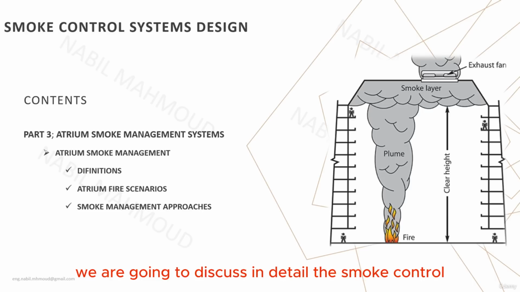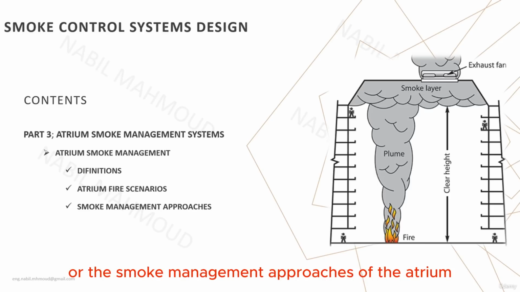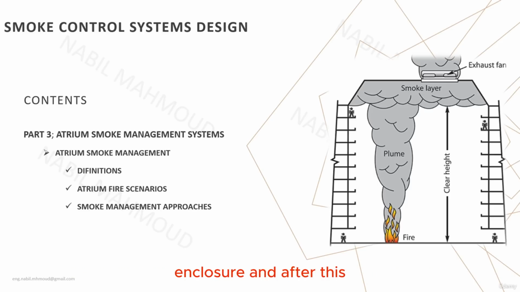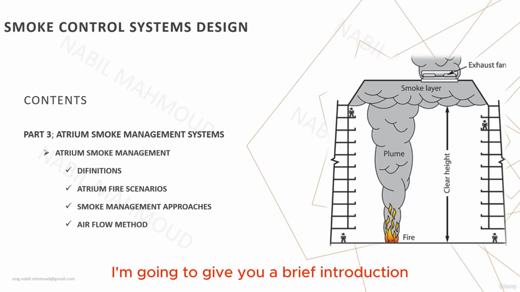After this we are going to discuss in detail the smoke control or the smoke management approaches of the atrium enclosure. And after this I'm going to give you a brief introduction into the airflow method, which is used for protection of the communicating spaces that are usually a place which is open to the atrium enclosure.